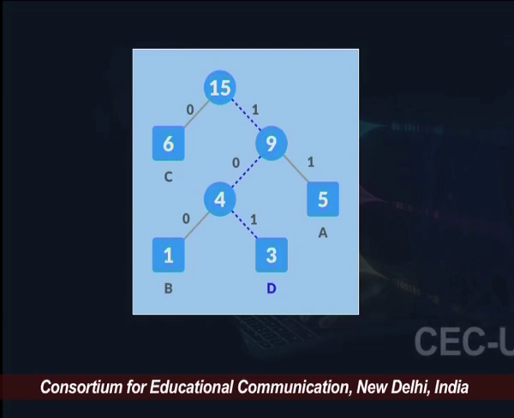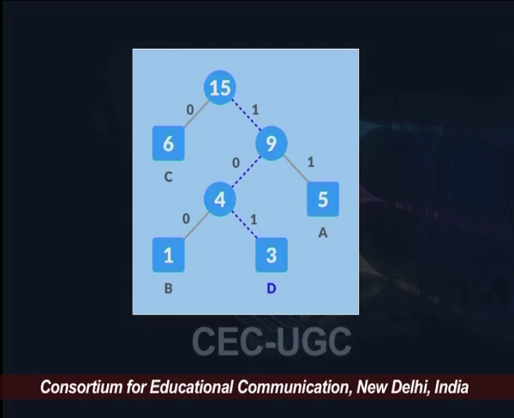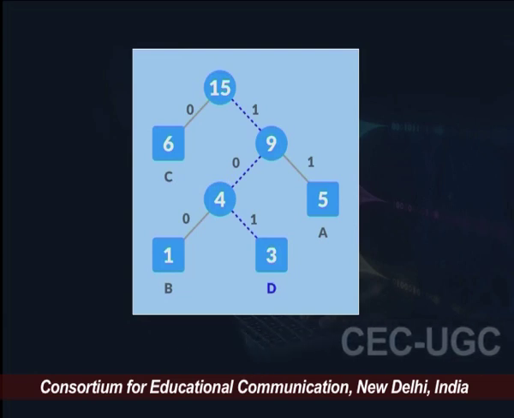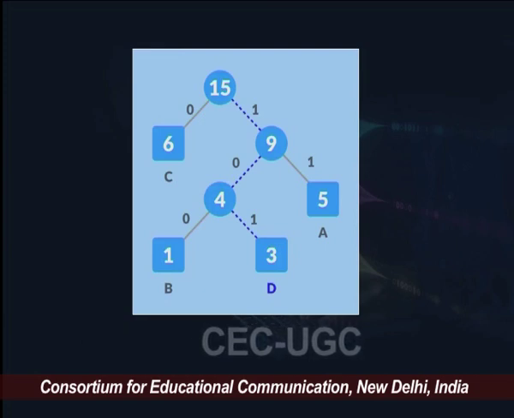So 101. Initially we look for the first edge on the bottom side, which is representing 1. That is the edge between 4 and 3.